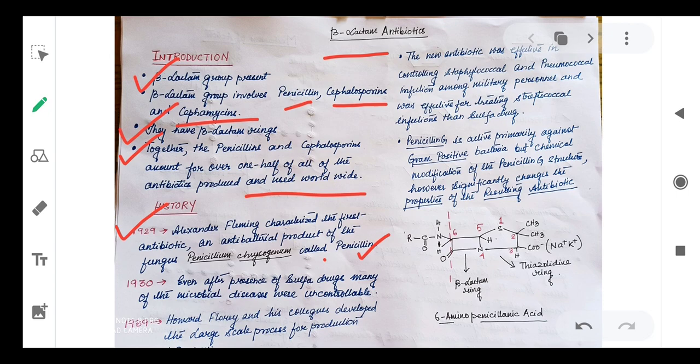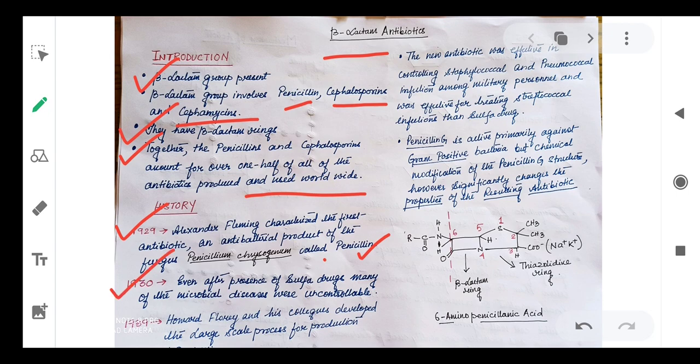And to his astonishment, there was a zone of inhibition all around the green mold. That zone of inhibition is due to the antibacterial activity of the compound produced by the Penicillium species. But he could not commercialize penicillin, so he was not recognized at that time.